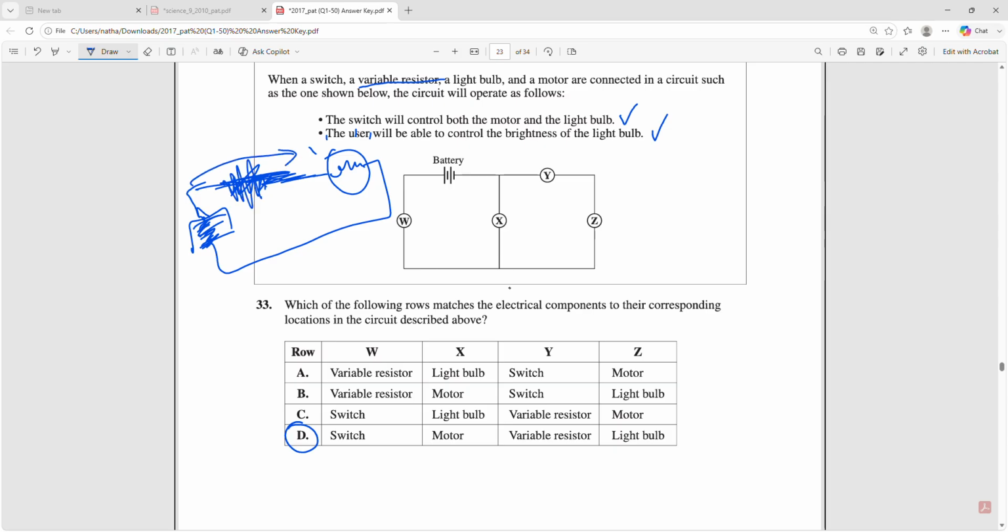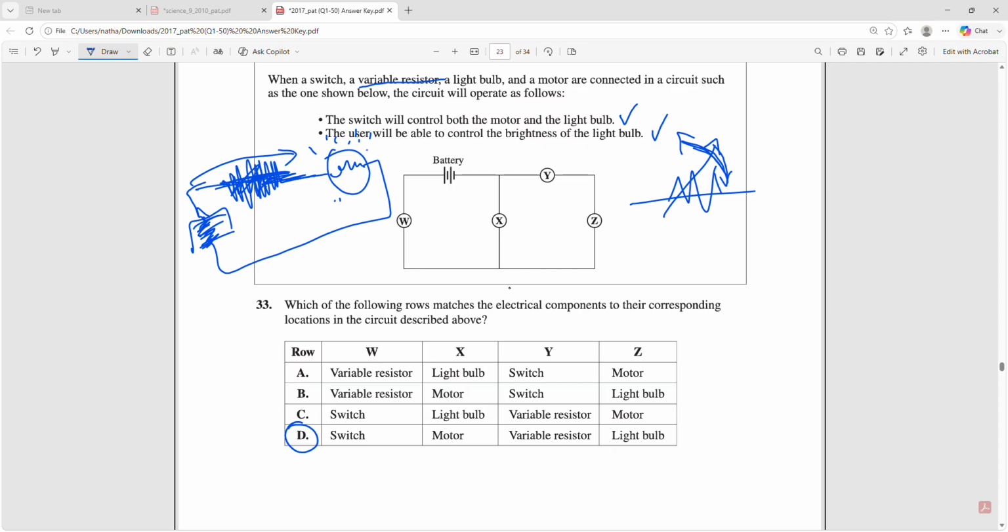But when we put the resistor in there, it slows that flow of electrons and that causes the light to be dimmer. So a variable resistor, which would look something like this, means that we can change the resistance. We can have more resistance or less resistance, and that makes the light bulb get brighter or dimmer.